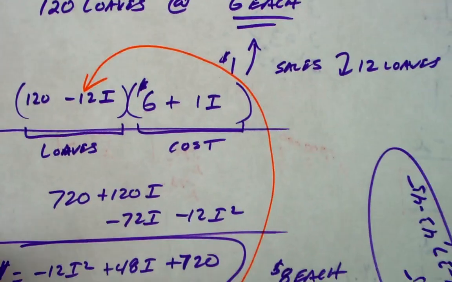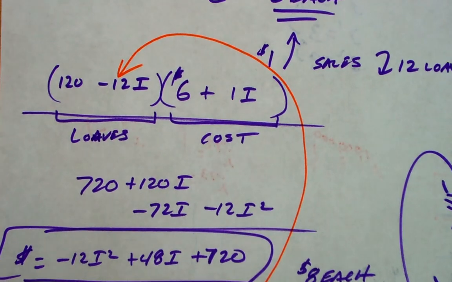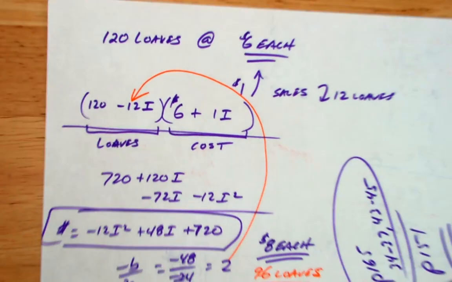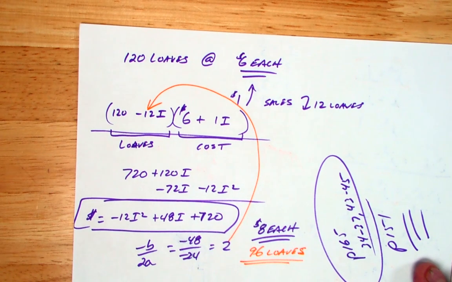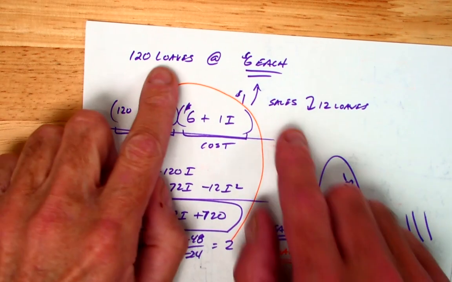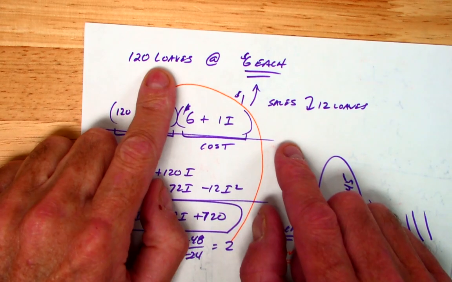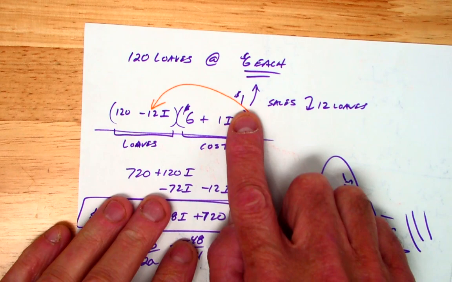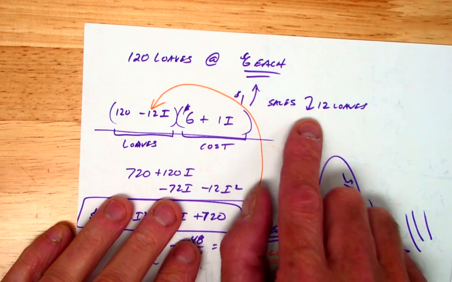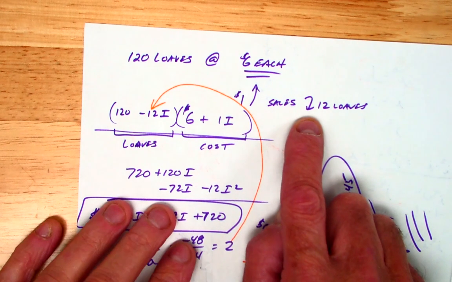And then we did a review problem just to make sure people haven't forgotten this. A business sells 120 loaves of bread daily at $6 apiece. They think that if they increase the price by $1, the sales might go down 12 loaves.